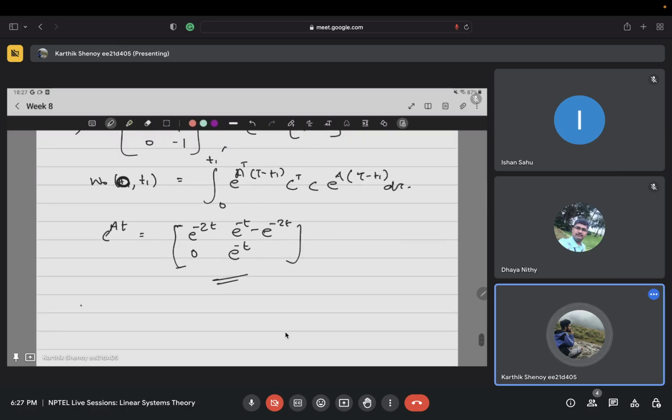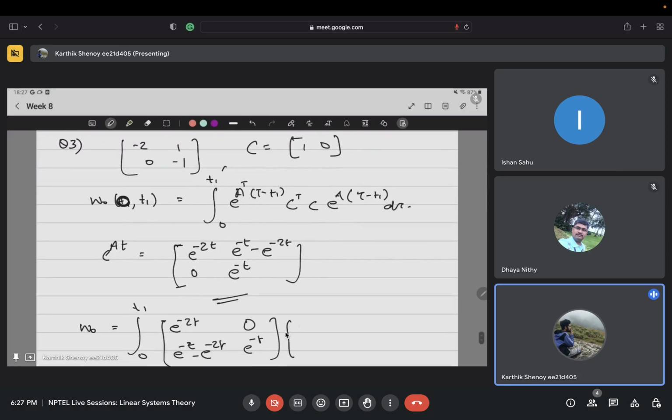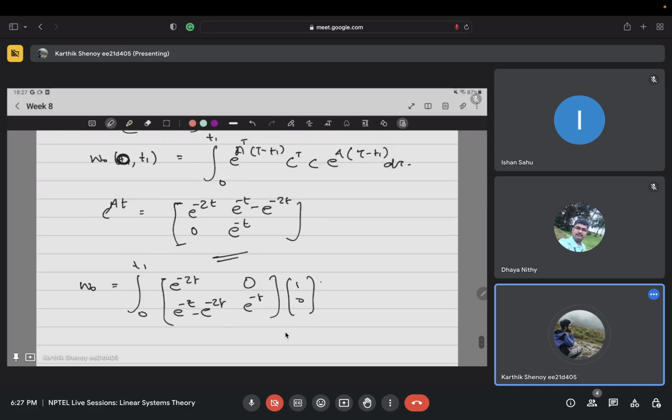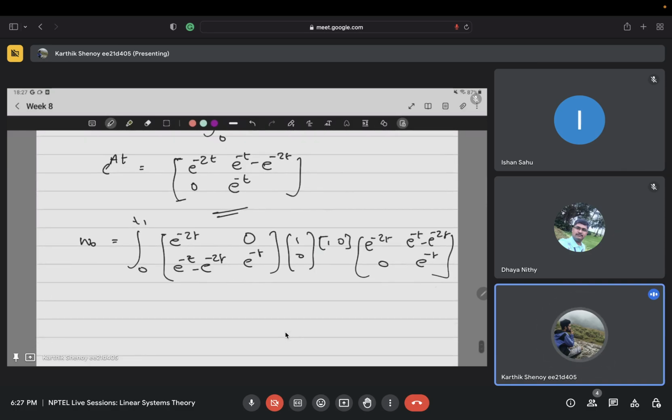So now I find W naught equal to the integral from 0 to t1 of the transpose of this, e raised to minus 2t, e raised to minus t minus e raised to minus 2t, 0, e raised to minus t, times C transpose, which is 1 0, times 1 0, times e raised to minus 2t, e raised to minus t minus e raised to minus 2t, e raised to minus t, 0, d tau.